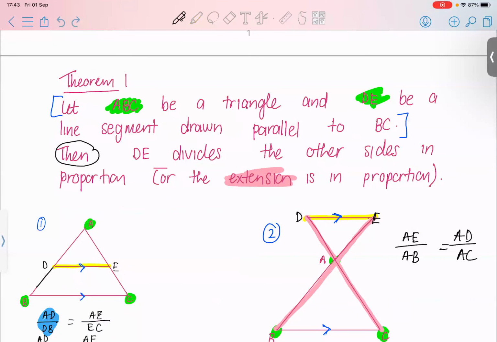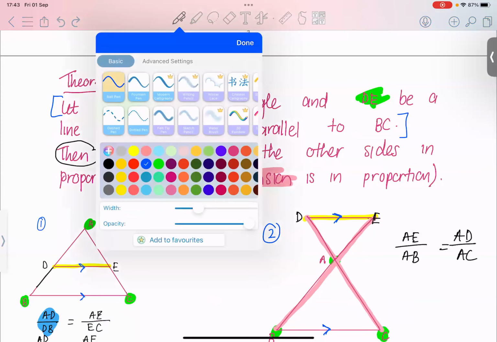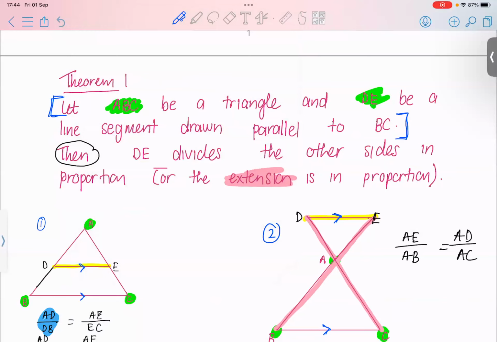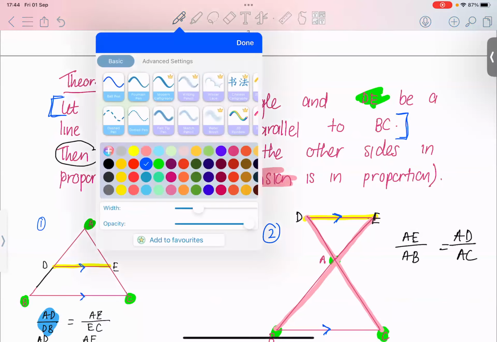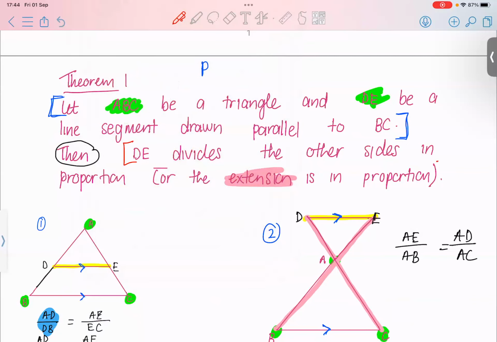Because if you think about it, whatever's in the blue bracket here is a statement, and I'm going to call it P. And whatever's following after the word then, that's in the red brackets, I'm going to call the red bracket Q. So essentially what theorem 1 tells me is that the blue bracket implies the red bracket.